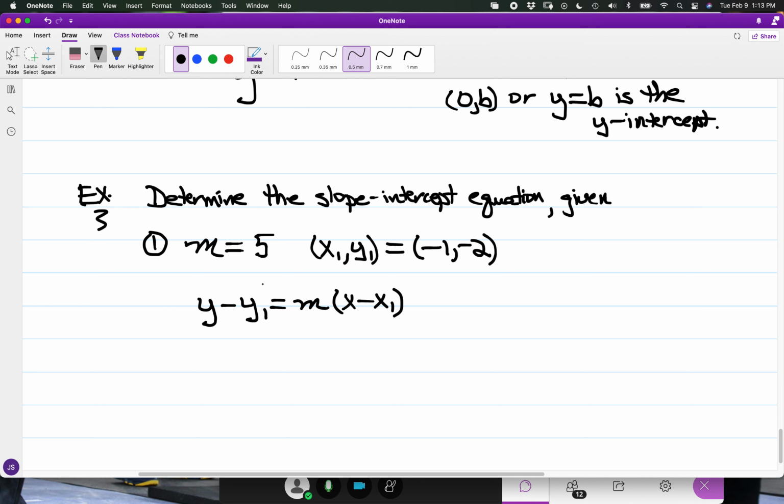Now again, we normally say x before we do y, but we got the y expression out the front. So if I were to substitute accordingly, for y minus y1, your y1 is going to be -2. And for the slope m, which we have at 5, you have times the quantity of x minus x1. So you have x minus, and your x1 we have at -1.